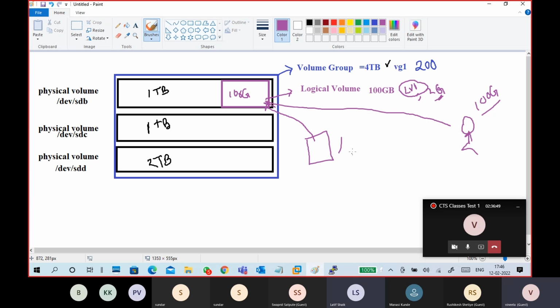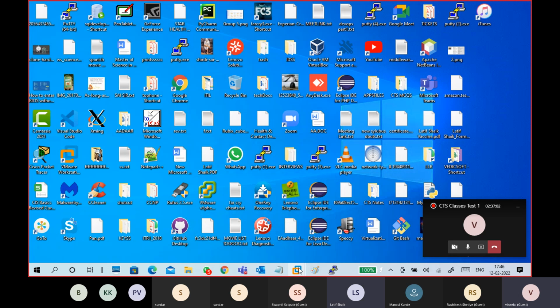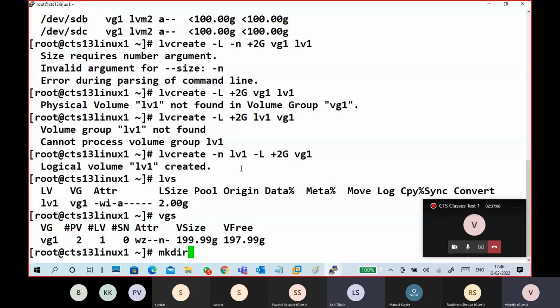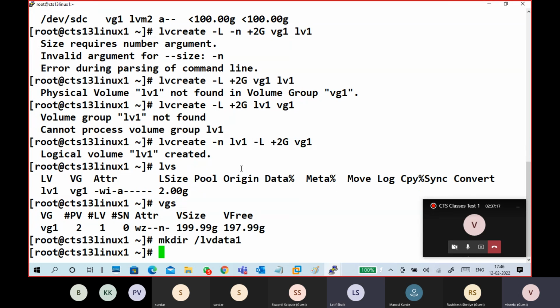So I will create a mount folder, lvdata1 folder. mkdir lvdata1. Logical volume data 1 folder, I created.